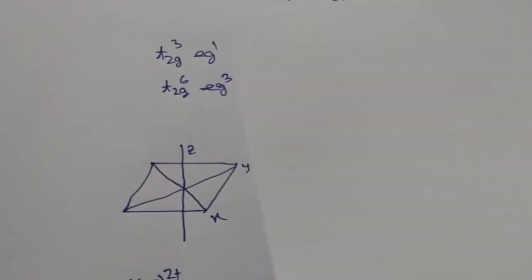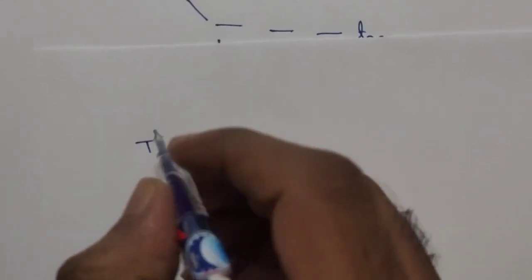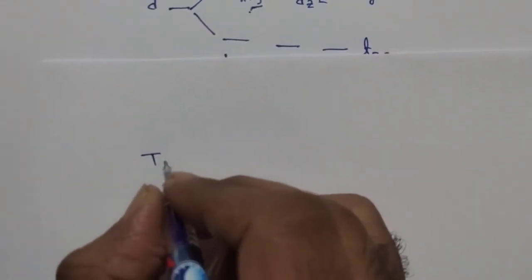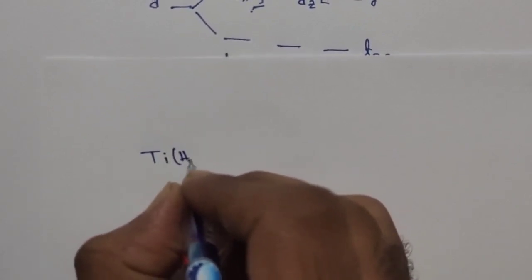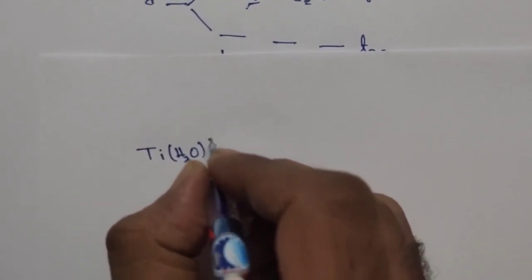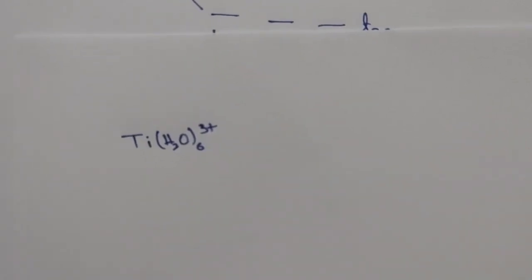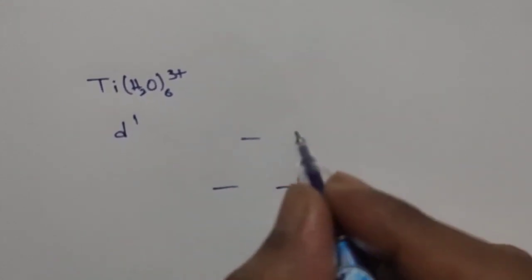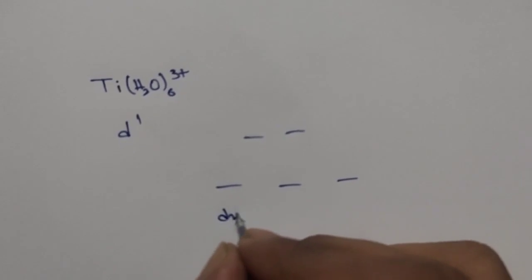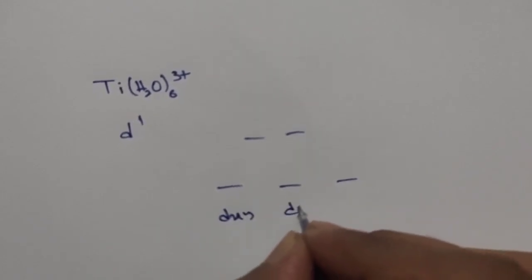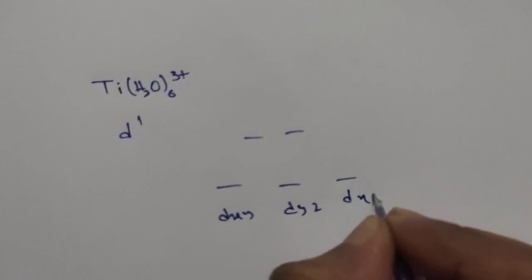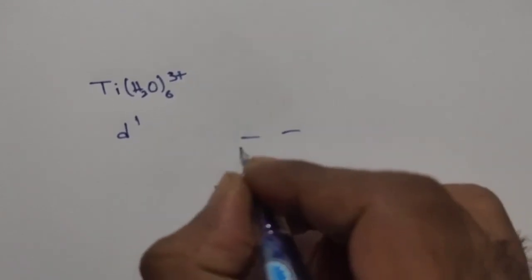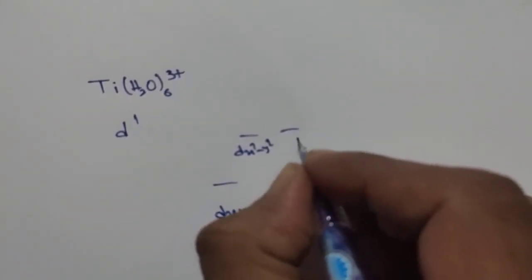Again, if we consider some other example, like the titanium hexaaqua complex, which is a d1 system, the energy levels of the orbitals are dxy, dyz, dzx and dx square minus y square, dz square.